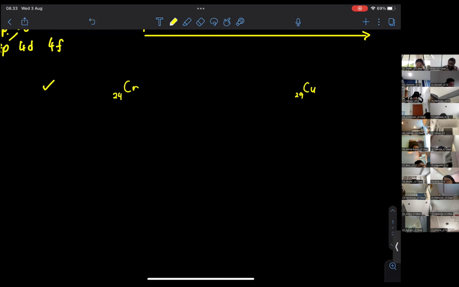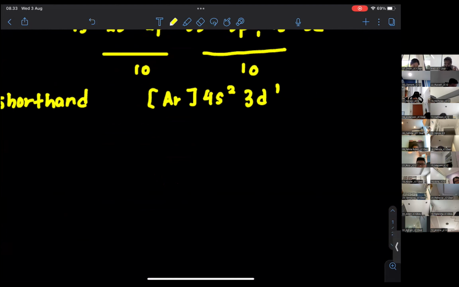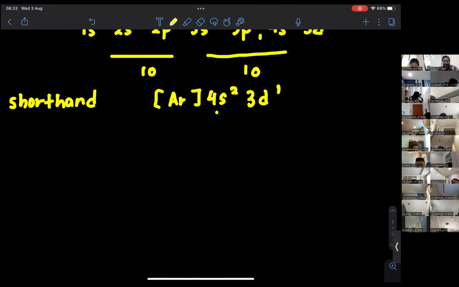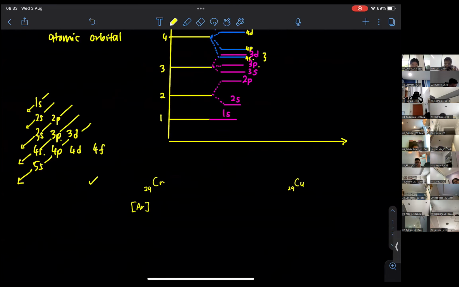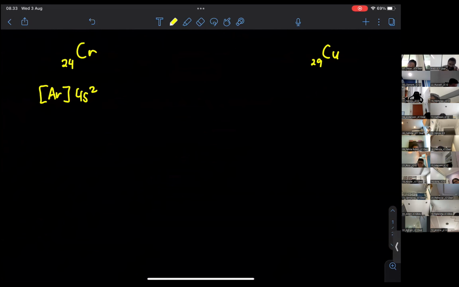Argon is 18, so after 18 there are 6 more electrons to make it 24. Over time you will understand that after argon it will start from 4s2. So I start with 4s2 here, and then 3d. 18 plus 2 is 20, so I need another 4, 3d4.